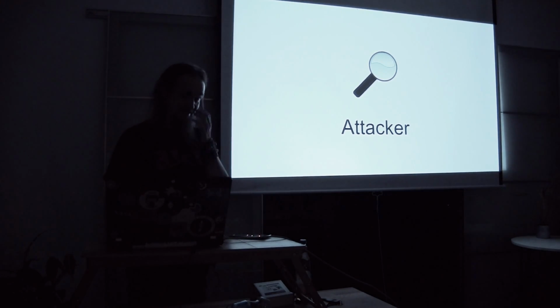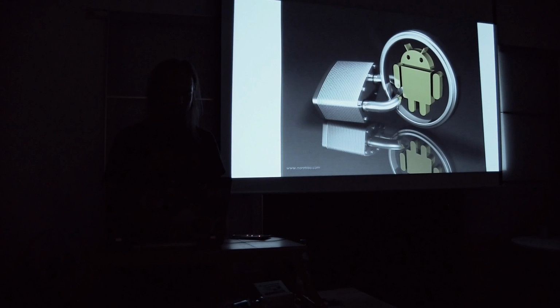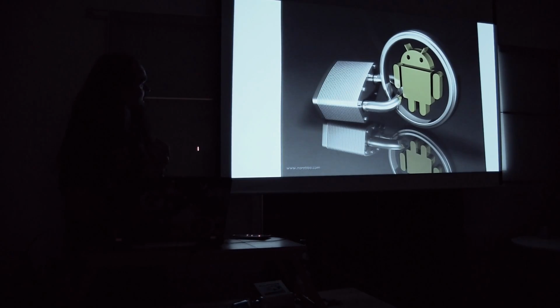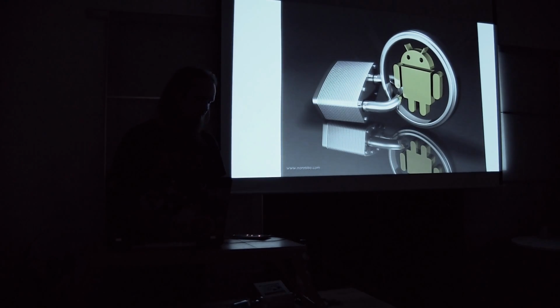Now we come to the attacker side, because we have to deal with security relevant stuff here. It's hard stuff, so we have to care a little bit. First of all, we are a little bit protected by Android. I would say we are more protected than a Windows machine because on Android, the apps are shielded from each other. One app cannot read the data from the other.